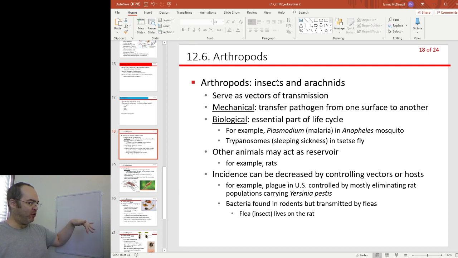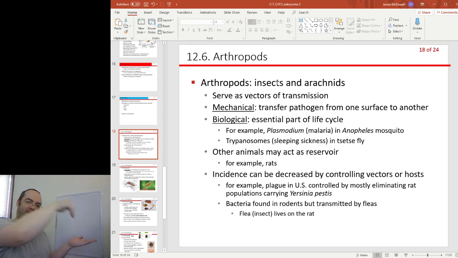It walks around on the poop, picks up particles on its feet, and then it flies off, lands on your sandwich, deposits those particles, and it's done its job of moving material from point A to point B. But really, you don't need the fly itself. Anything that touches the poop and then touches the sandwich is doing the same job.